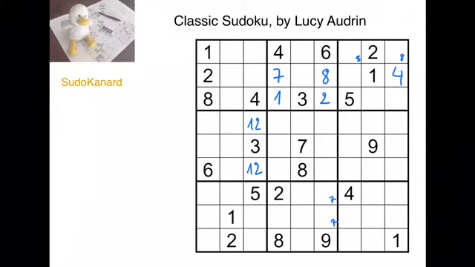7 here. 5, 9 pair. There's a 9 in one of those cells. 8 in one of those. 2 goes here.